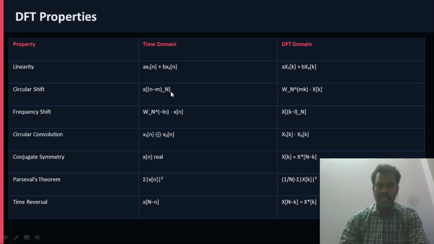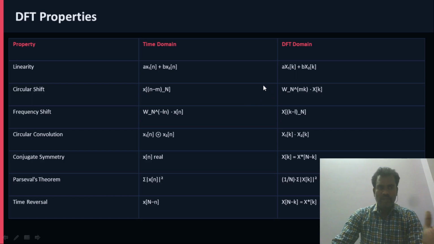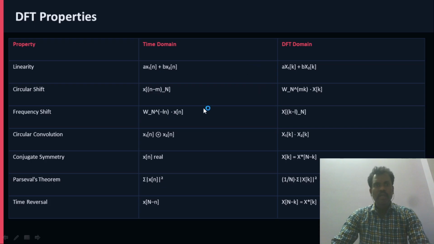Rotating a signal clockwise is equivalent to a right shift of it. If you rotate the signal to the left side, or in the anti-clockwise direction, it is equivalent to a left shift on the linear scale.